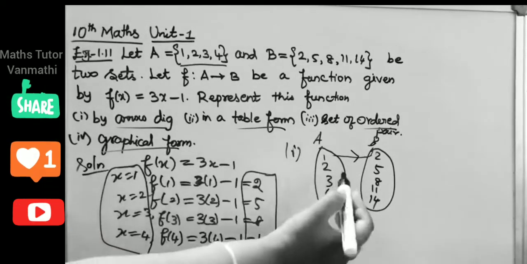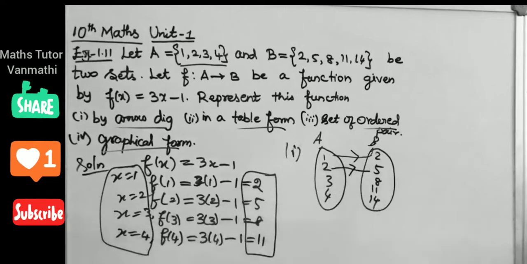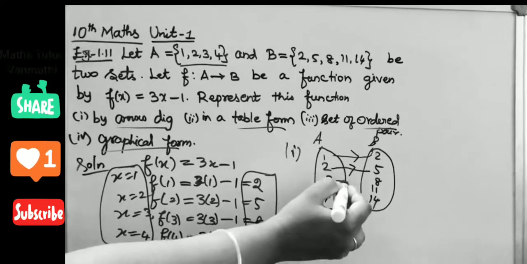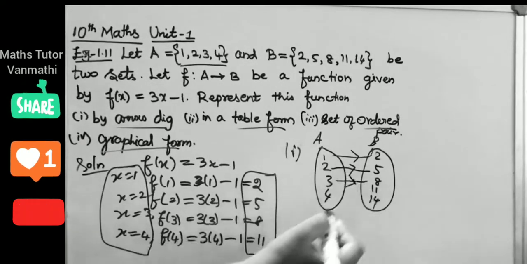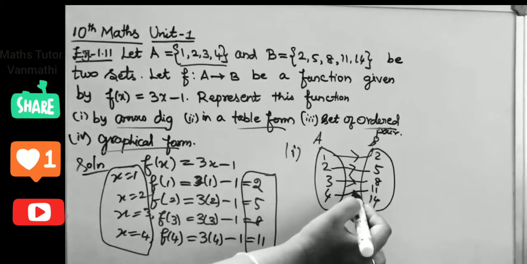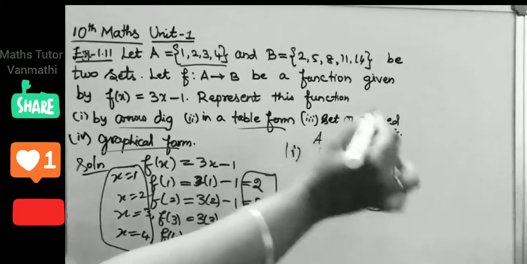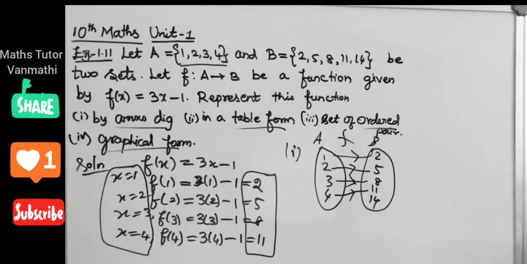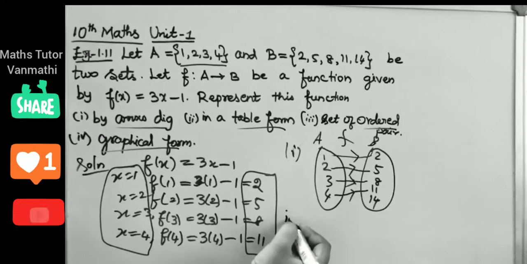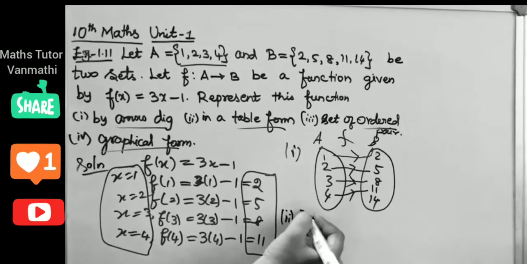Next 2 to 5, next 3 to 8, next 4 to 11. This is the representation of the arrow diagram. Here the function exists as f. Second one is the table form. Table form is nothing but we represent it in a table.